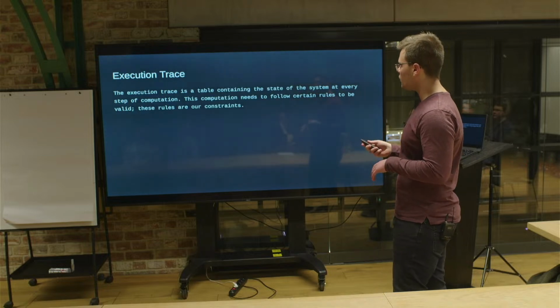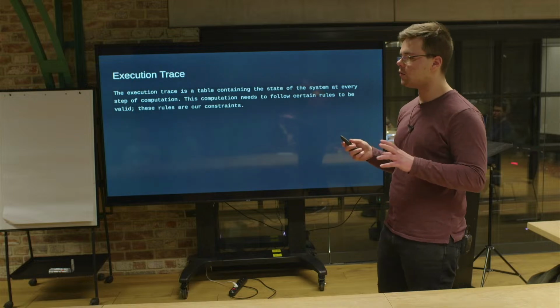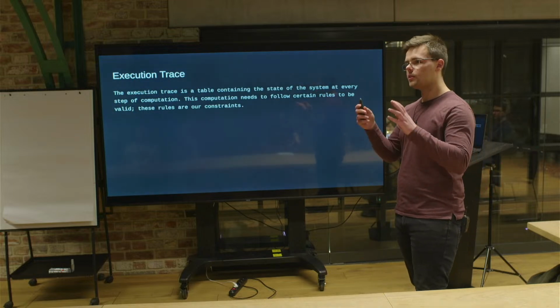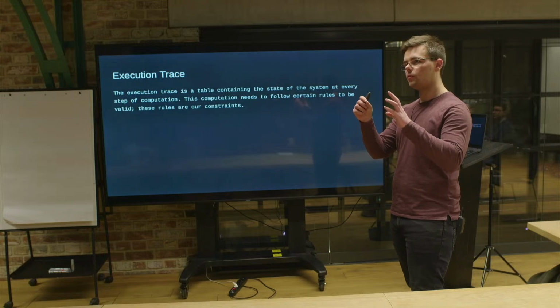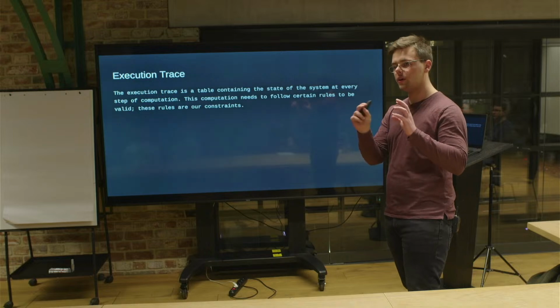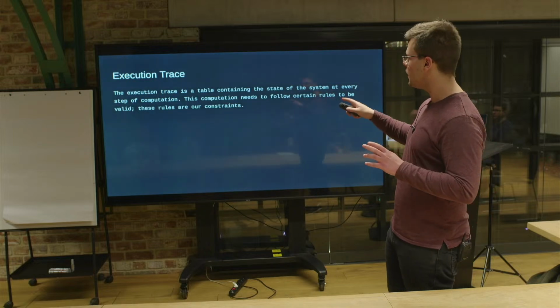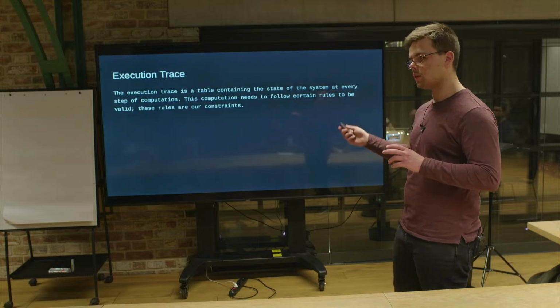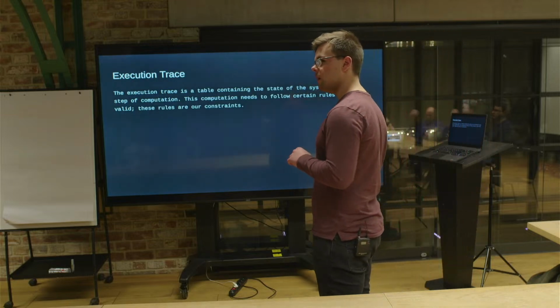The important thing is that this trace needs to follow certain rules. It's not random. For example, some fields add up to the field below, and that's it. So this trace has to respect certain rules. We are going to explore what these rules can be.